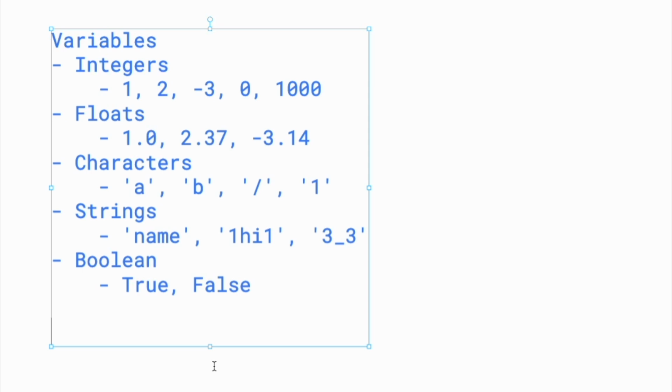So for integers, let's say my int equals 10 and your int equals 11. You can have our int.